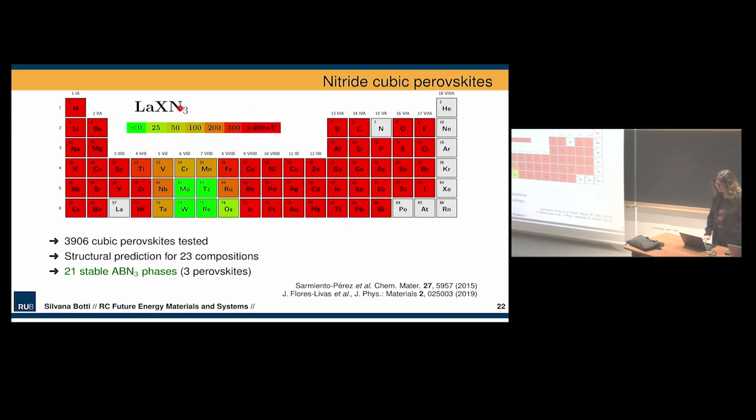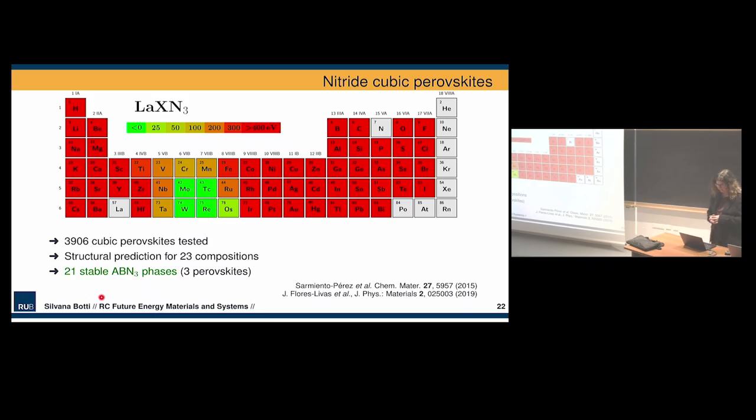So it's, again, the distance to the convex hull. What is red is unstable, so most of these things we can forget. But there are green things, so with lanthanum, and in particular molybdenum, tungsten, and rhenium are still perovskites, so they maintain a perovskite crystal structure.